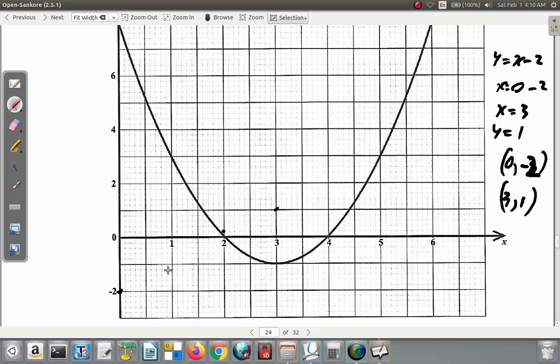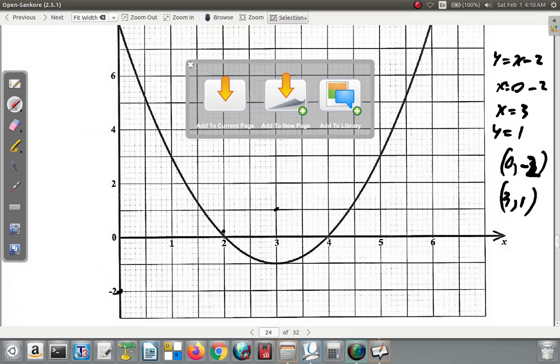Now, if I should make a line through this graph, let me try to make it as straight as possible. I don't seem to have a straight line feature on this screen.